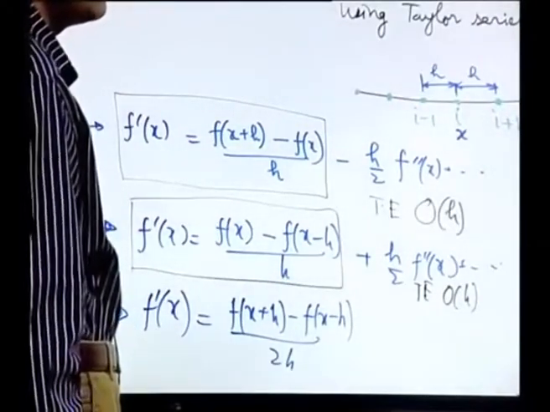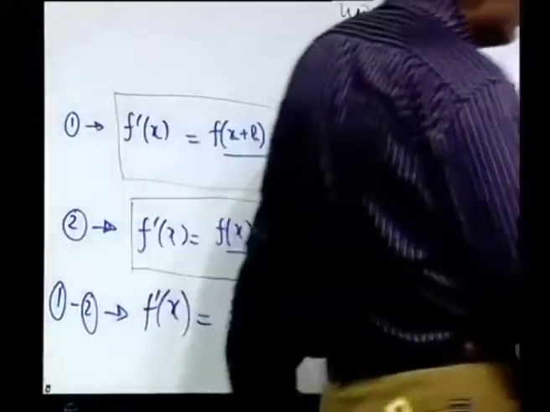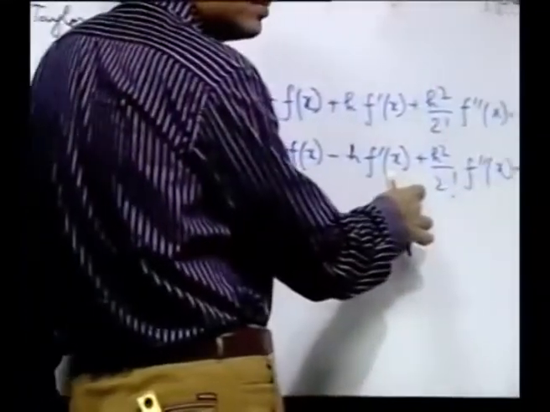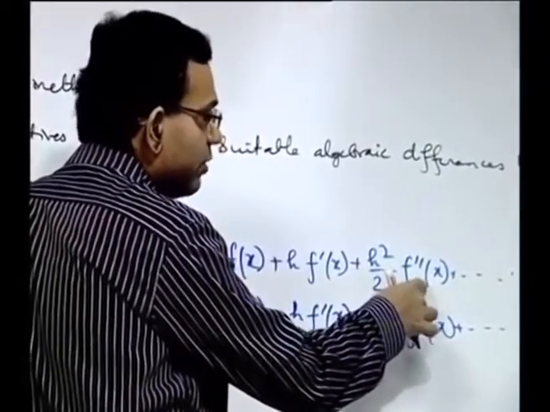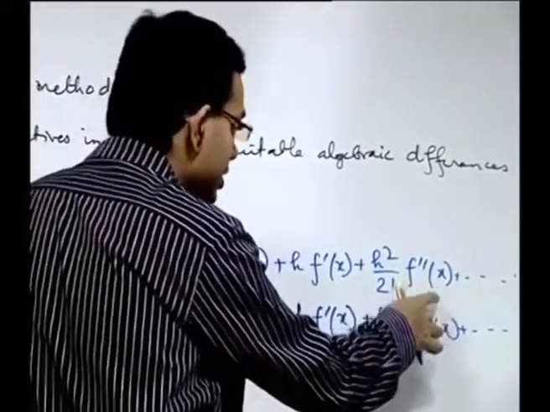Then when you subtract, h square by factorial 2 term gets cancelled out. So, h cube by factorial 3 into f triple prime x that remains.